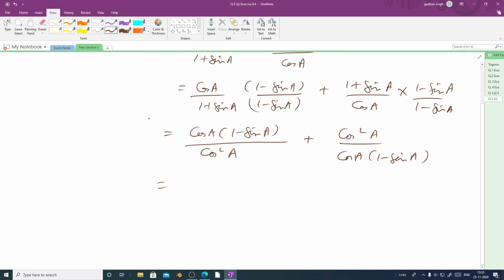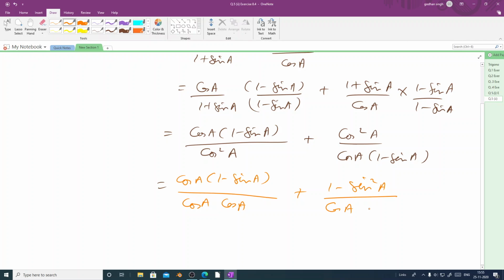Now here we are having cos a, and in the denominator we are having cos square a, so we can rewrite this as cos a into 1 minus sin a over denominator cos a into cos a, plus same way cos square a we can write as 1 minus sin square a. So writing cos square a as 1 minus sin square a. Why? Because cos square a plus sin square a is 1.